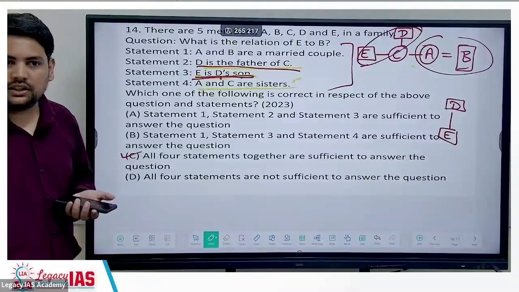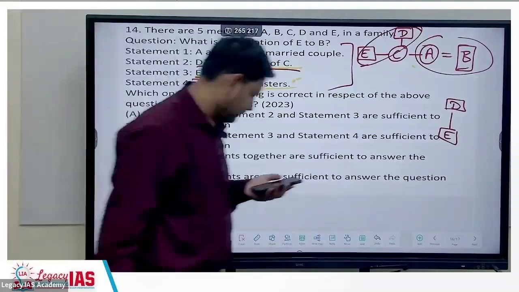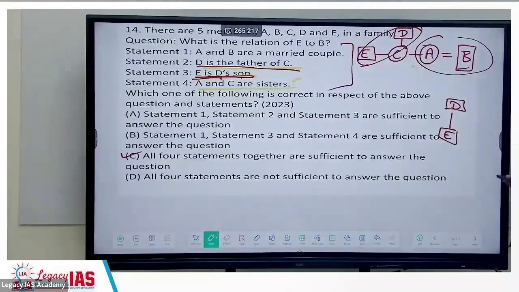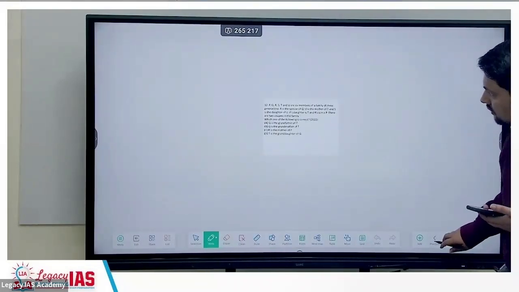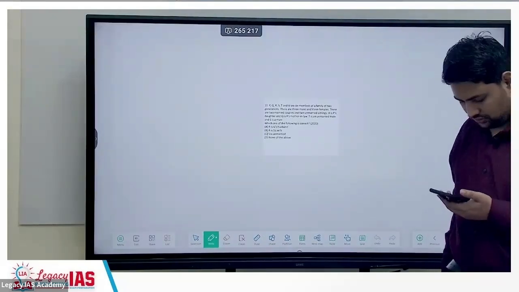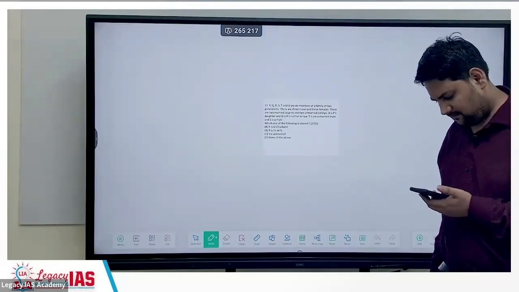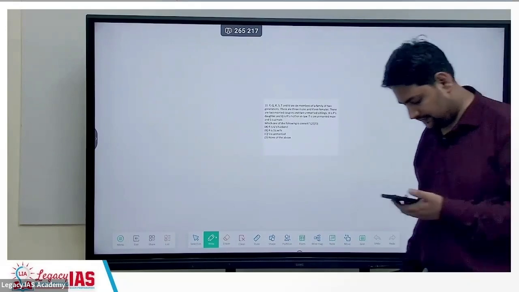Do 14. It's a bit tough. Okay, let's see.